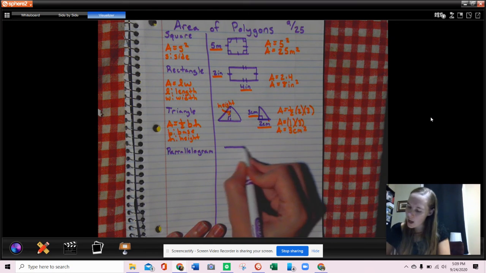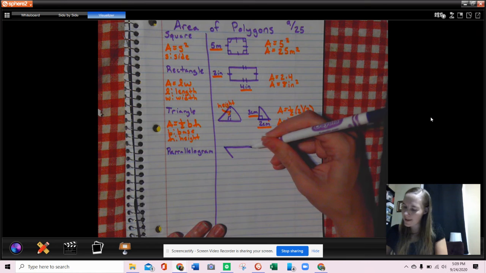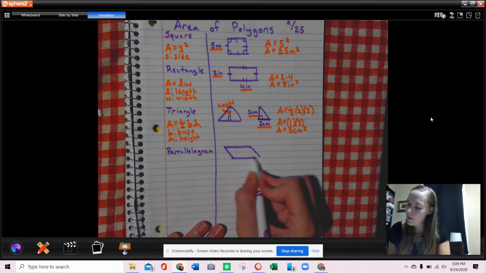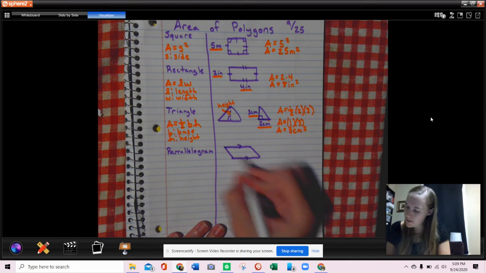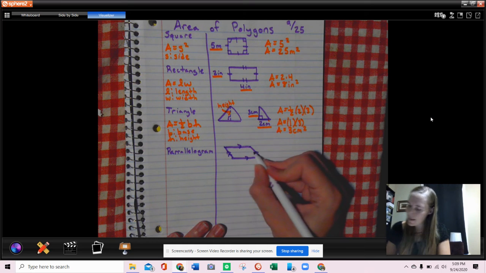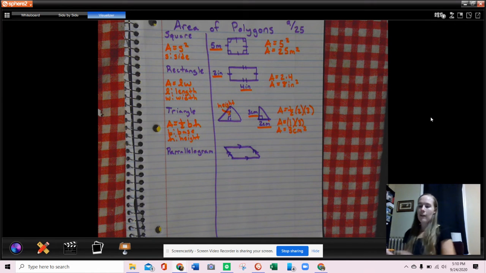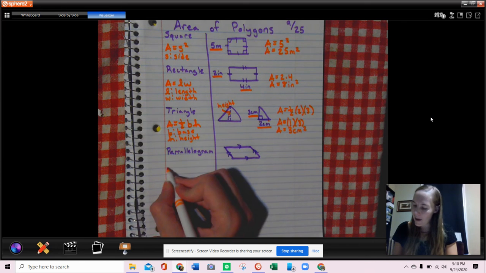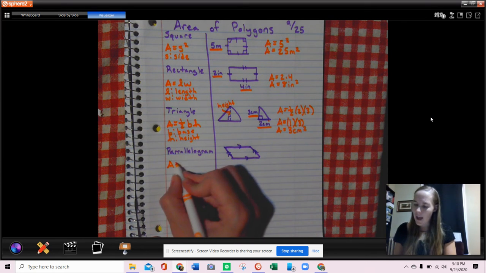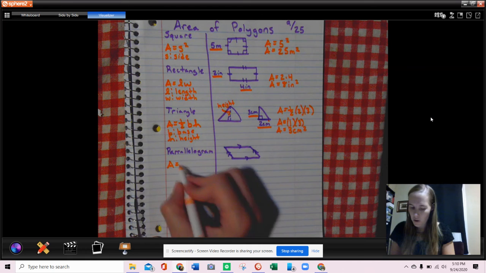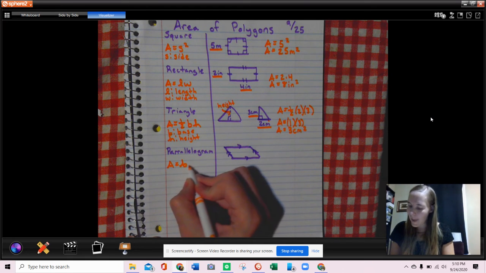And as we were talking about properties yesterday and today, our parallelogram looks something like this. These little arrows just mean that those are the sides that are parallel to each other. So for a parallelogram, to find the area is kind of similar to a triangle where you have your base and your height.